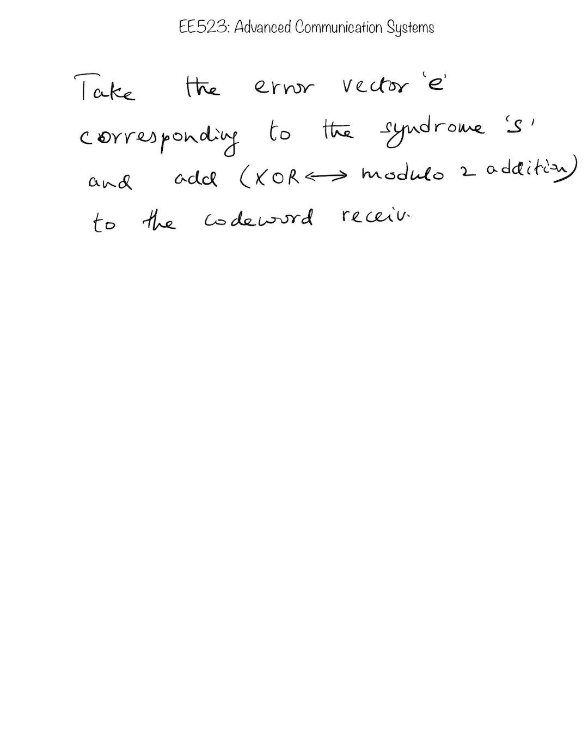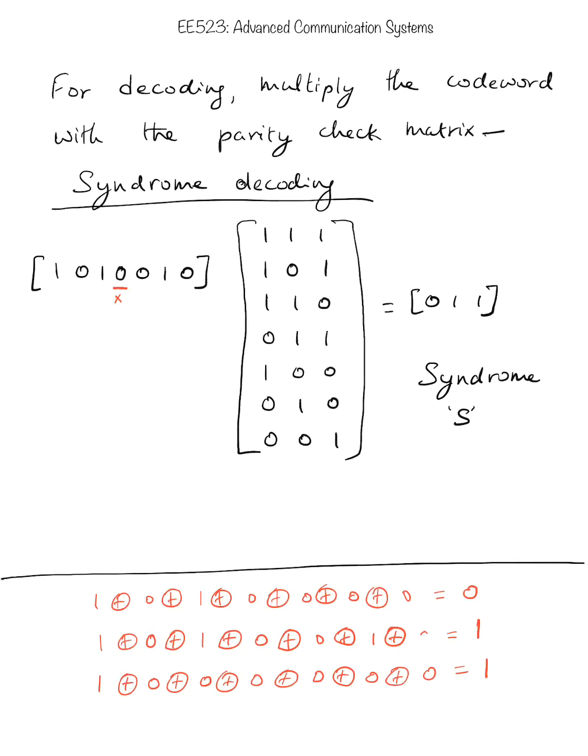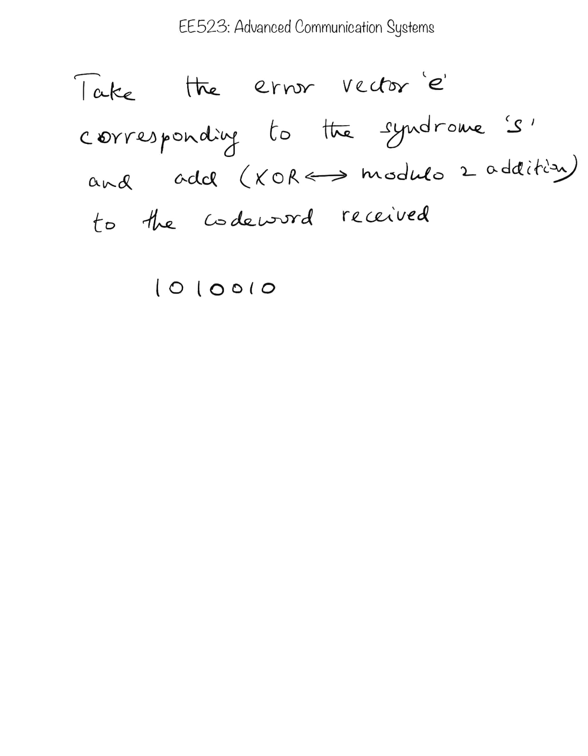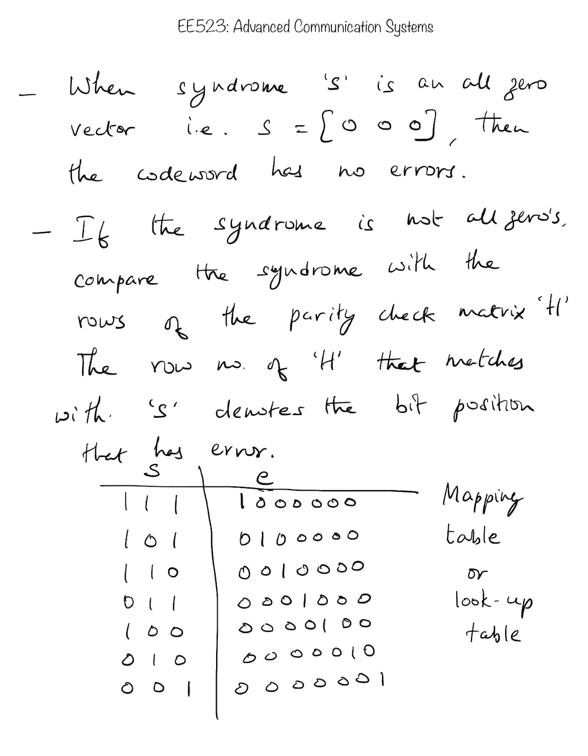The code word that we have received is 1 0 1 0 0 1 0, right? That's what we received earlier, and it contains an error. And we now know the syndrome also. So corresponding to the syndrome 0 1 1, the error vector has a 1 in the fourth position.